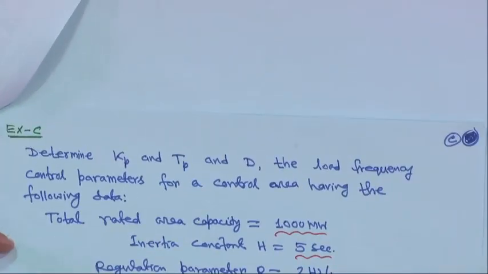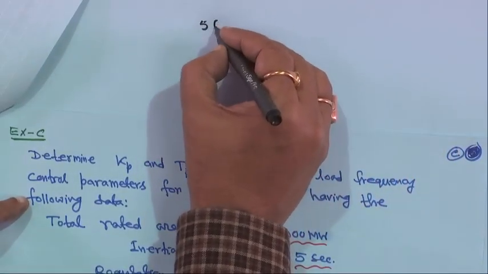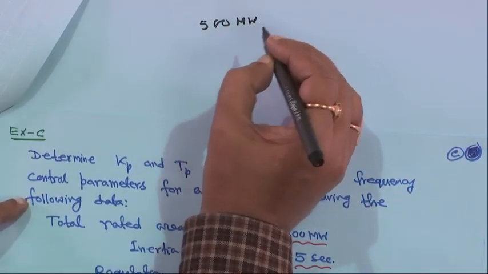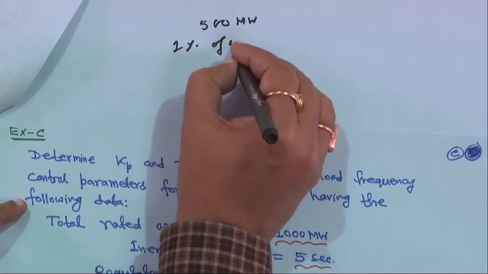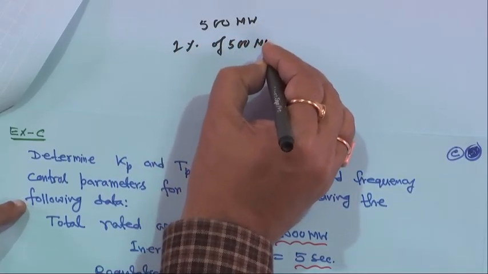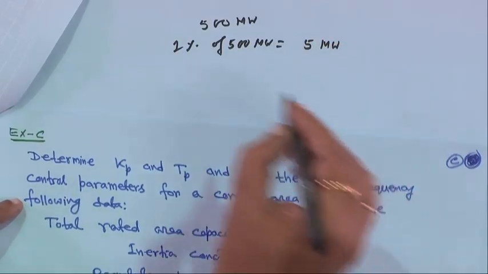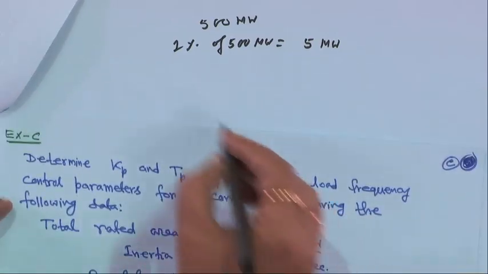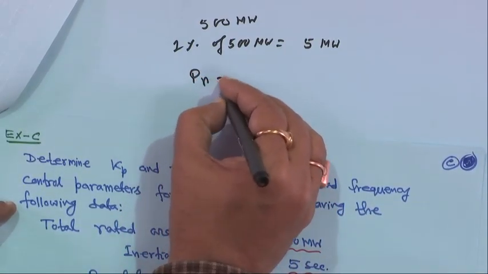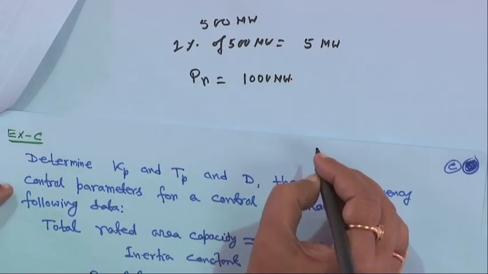If you have any confusion, the operating load was 500 megawatt, so 1% of 500 megawatt is equal to 5 megawatt. This rated capacity PR is equal to 1000 megawatt, right?